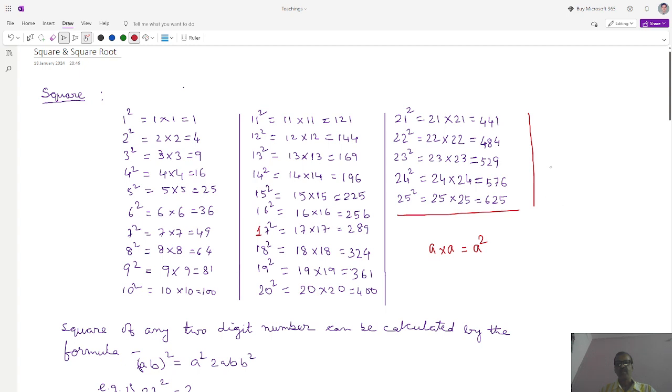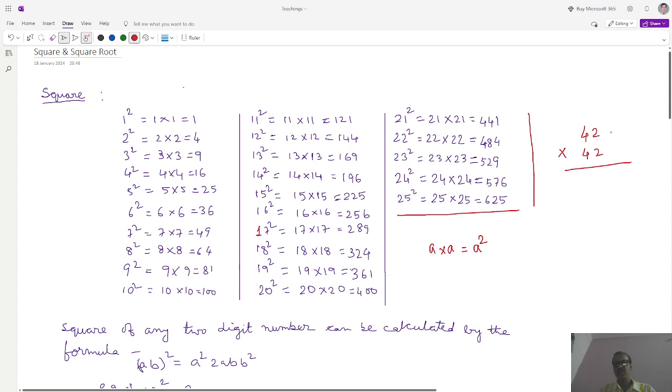One thing I am describing here: suppose any number, 42, multiplied by 42, what will be the result? We can say it easily by mental practice.